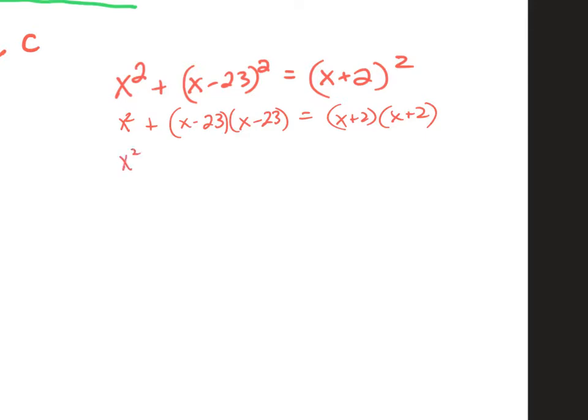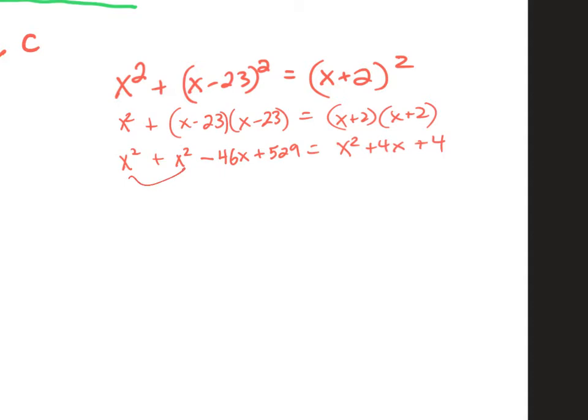So we've got x squared plus, we'll want to FOIL on both of those parentheses that are being squared. So we've got x squared. Ultimately, we're going to end up with negative 46x and then plus 529. And then on the right side, we've got x squared plus 4x plus 4 ultimately when you FOIL.